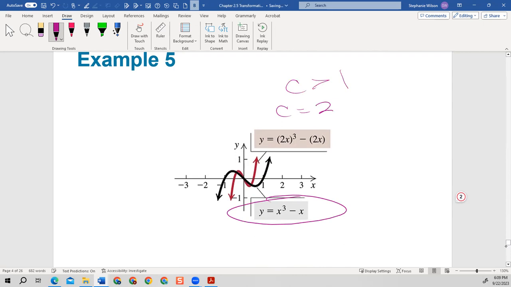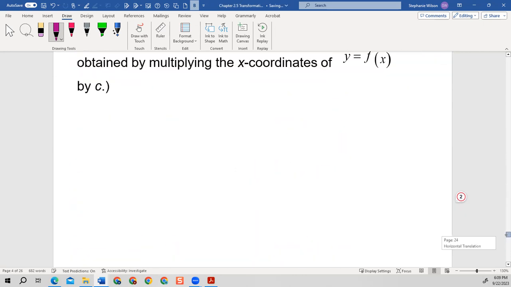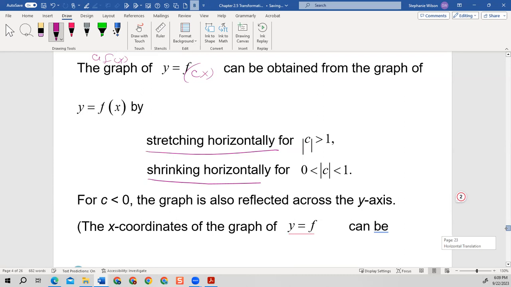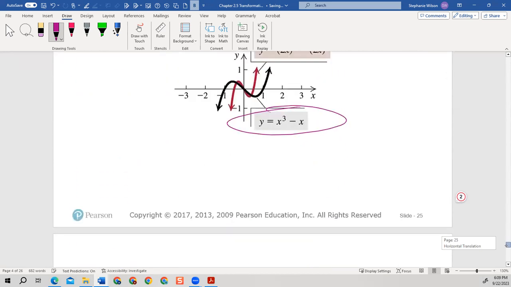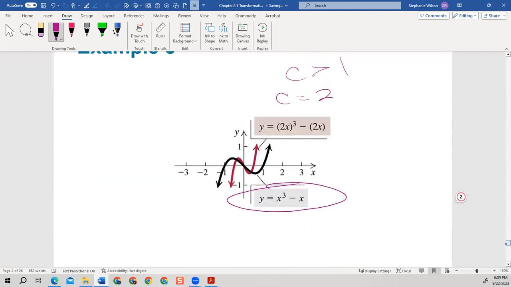Remember, we go back up and it said if C is greater than 1, then we've got a stretching horizontally. The lines are coming in closer together on this function because the peaks and valleys become more prominent, more dominant, right? If it was a shrinking, then there wouldn't be that much curve to it.